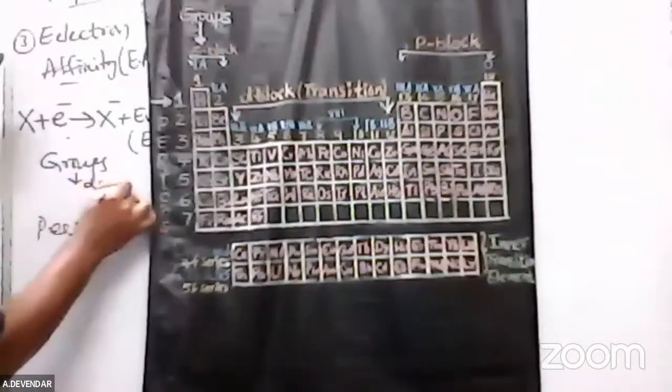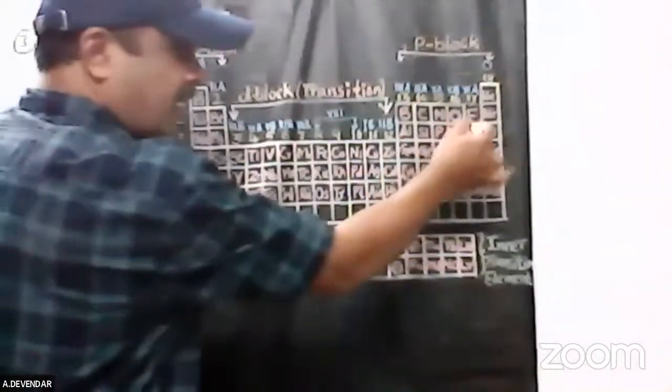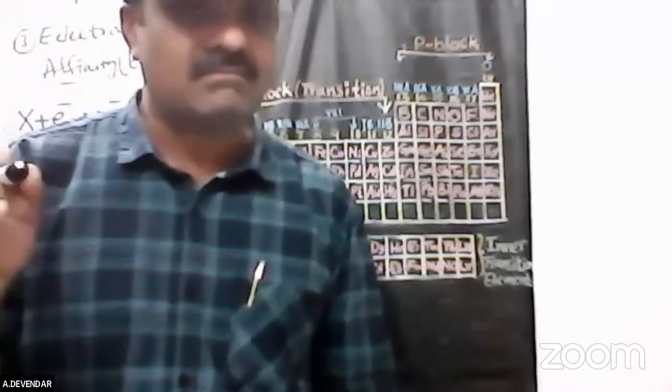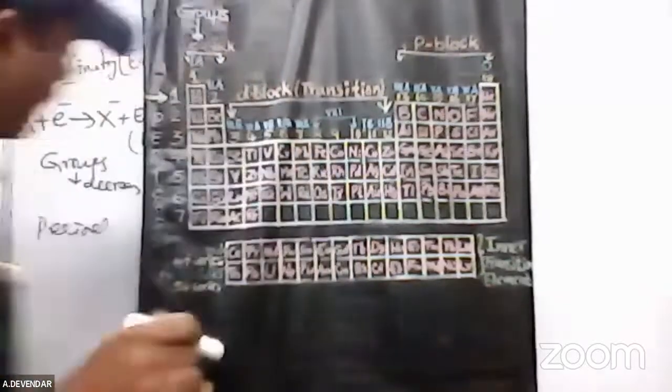See, in the electron affinity in groups, it decreases from top to bottom. But in the period, if chlorine is there, it already has ns2np5, seven electrons. Adding an electron is very difficult there. So in the period it also increases.